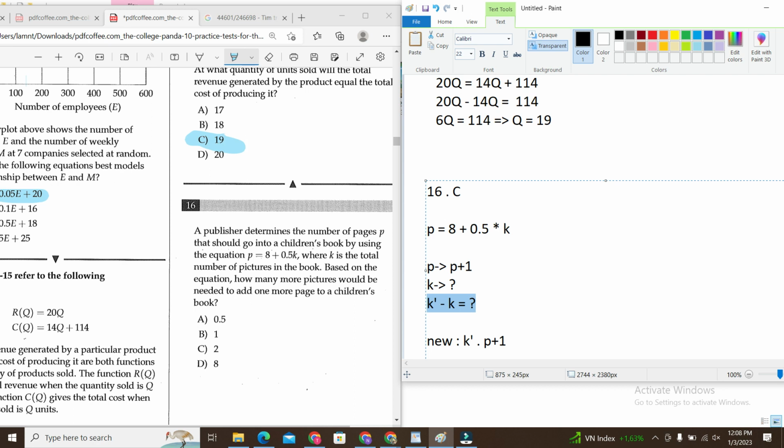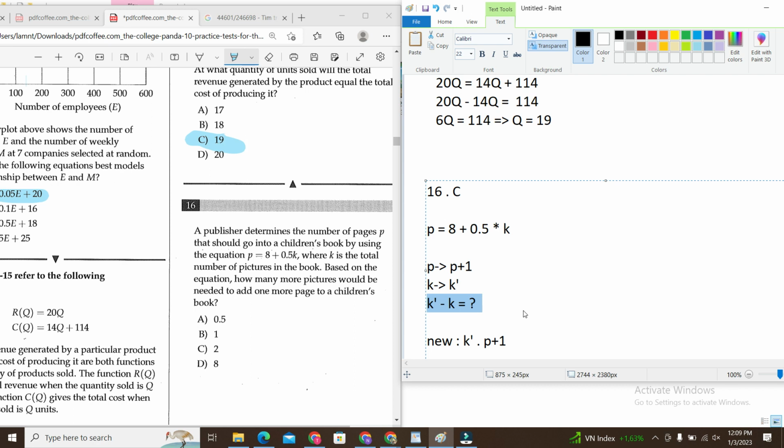They are asking how many more pictures would be added. K corresponds to P, and K prime corresponds to P plus 1.